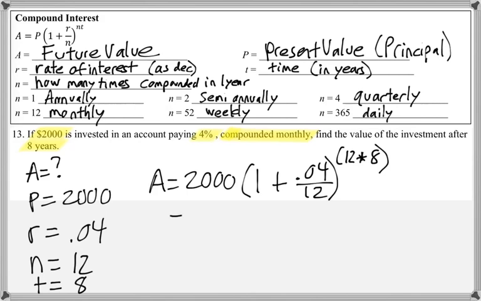And this is going to be $2,752. And let's round to 2 decimal places because that makes sense.